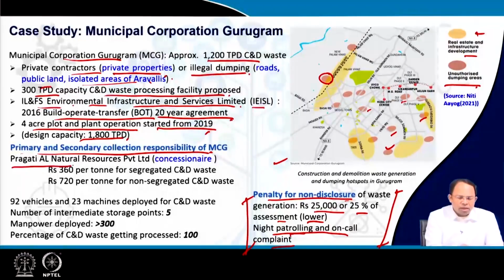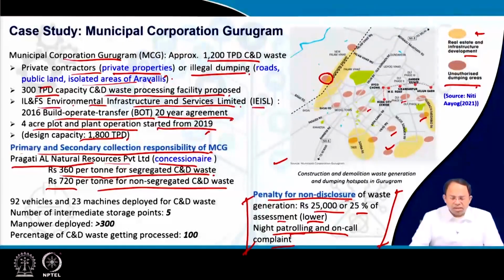Pragati Natural Resources Private Limited was a company taken under a concessionaire contract, and they were paid around 360 rupees per ton for segregated C&D waste and 720 rupees per ton for non-segregated waste to collect and transfer this waste to the processing facility.